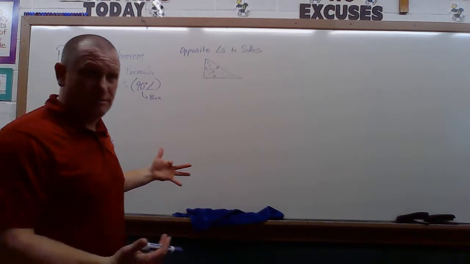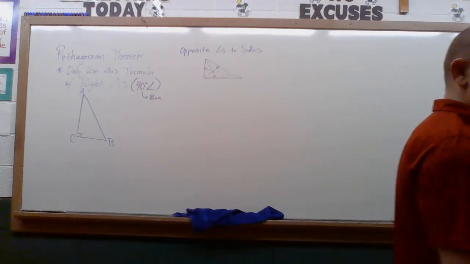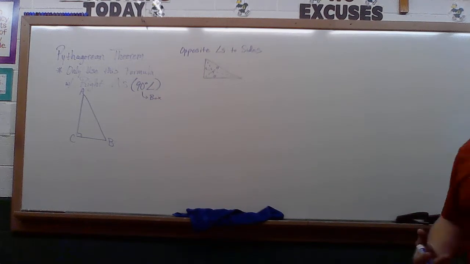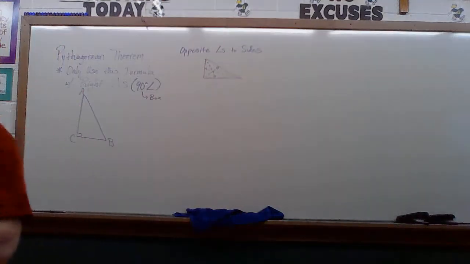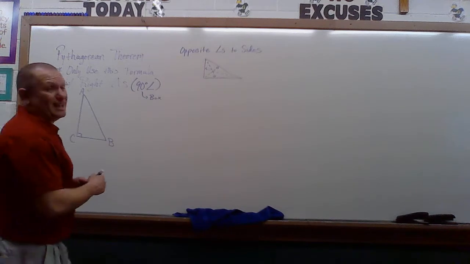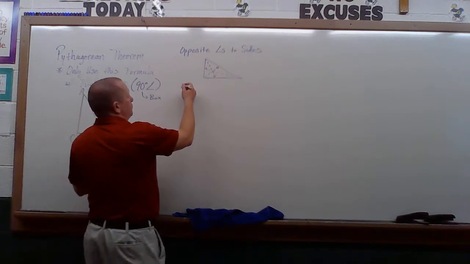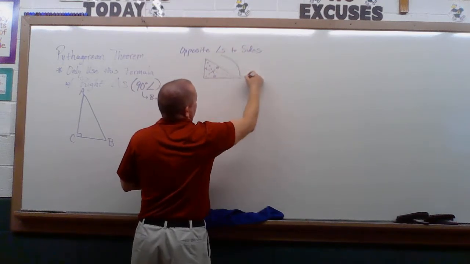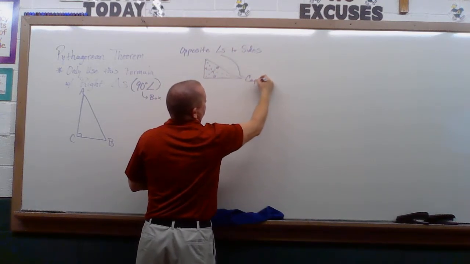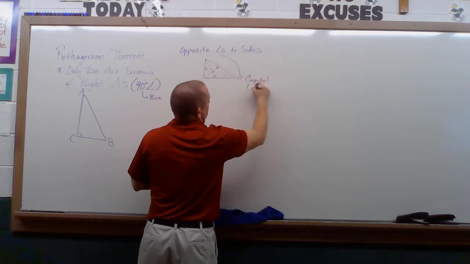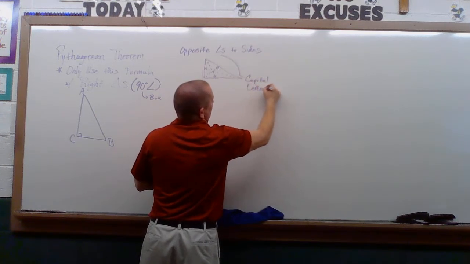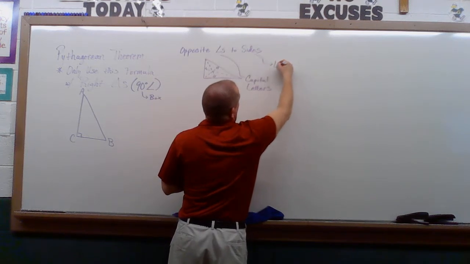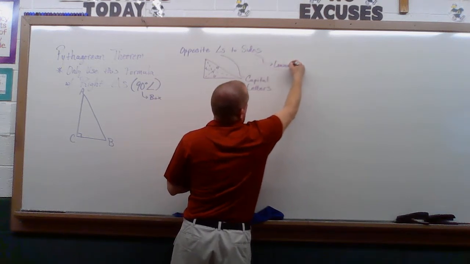Have you ever heard that word? What does correspond mean? Go with? Yeah, they go with. Okay? So they're going to correspond with each other by the same letter. All right? So when we talk about opposite angles to sides, we know that angles have to be capital letters. So the corresponding sides that go with them have to be lowercase letters.